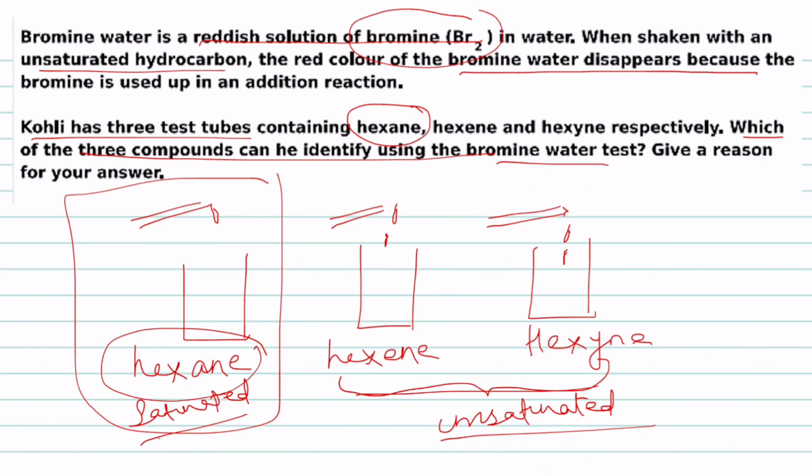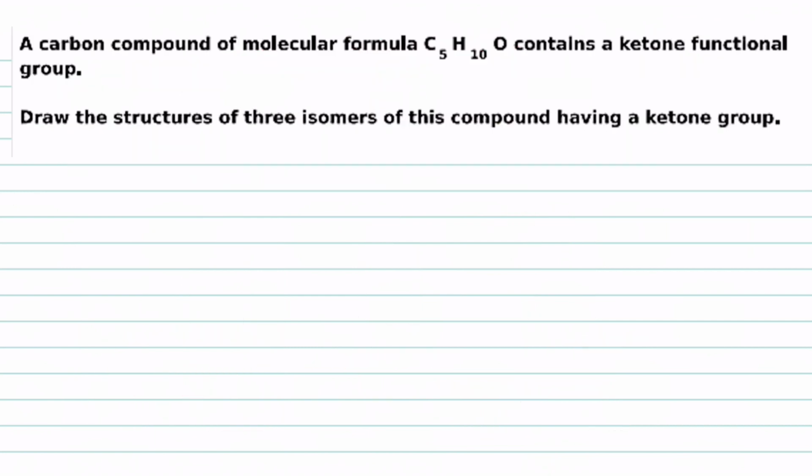Okay, moving on. A carbon compound with formula C5H10O contains a ketone functional group. Draw the structures of the three isomers of this compound having a ketone functional group. Now, please know that ketone has a functional group isomer as aldehyde. That means aldehydes and ketones are functional group isomers.